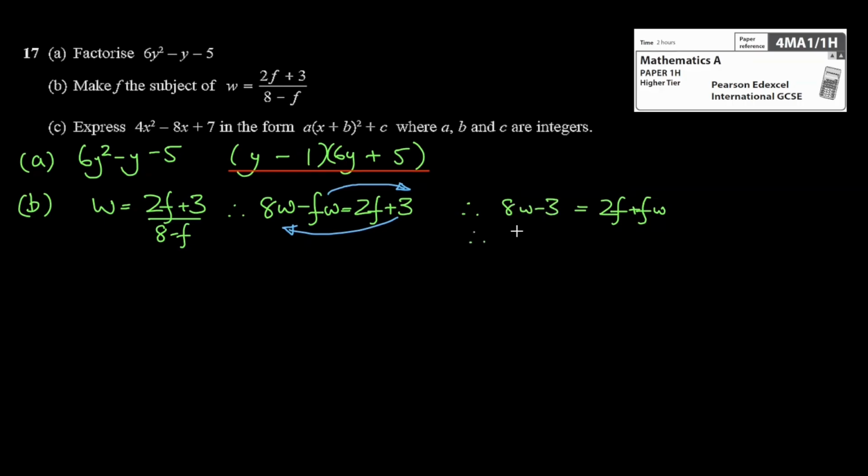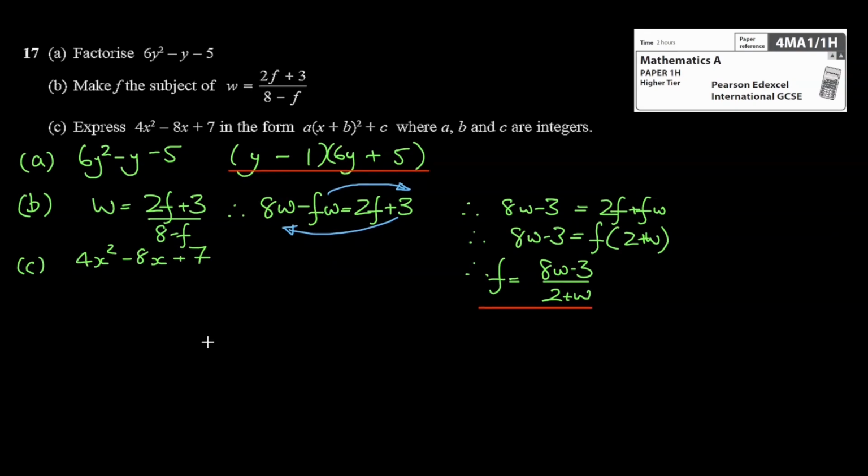So therefore, 8w minus 3 is equal to, we take f out as a factor, f times 2 plus w. So therefore, moving things round, f is equal to 8w minus 3 divided by 2 plus w. And that is your answer.